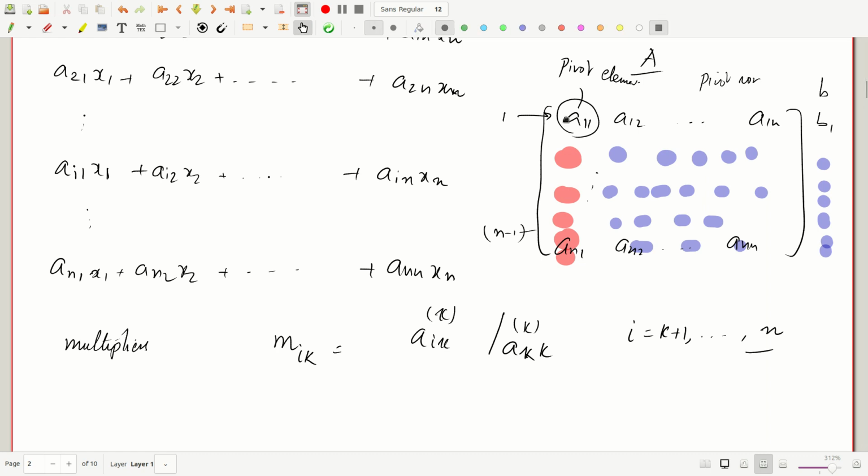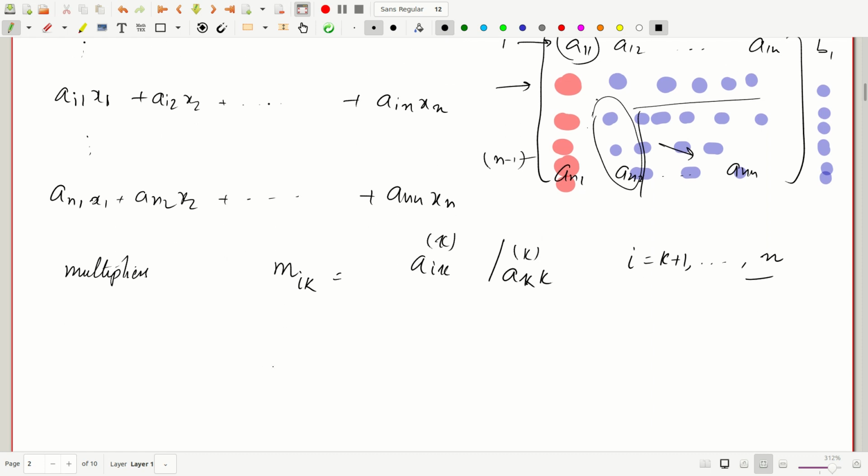Okay, so in the first step you have the first row as the pivot row, and all the elements below the pivot element will be made 0, and all other elements will get changed. And then in the second step, when k equals 2, you identify this as the pivot row, and then you make all these elements zeros, and all of these will get modified, and so on, right? That is how it proceeds. Okay, so we have now defined the multipliers.